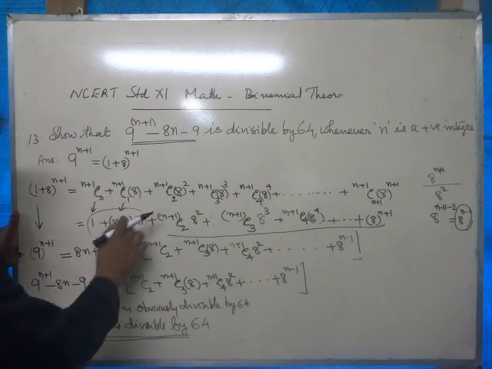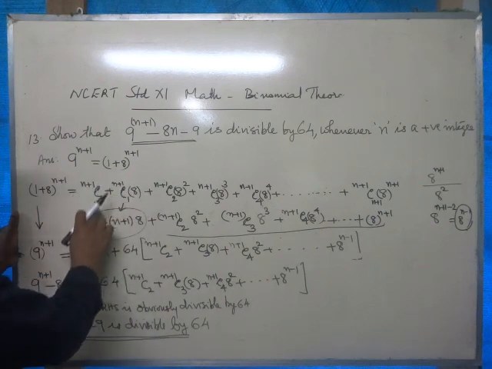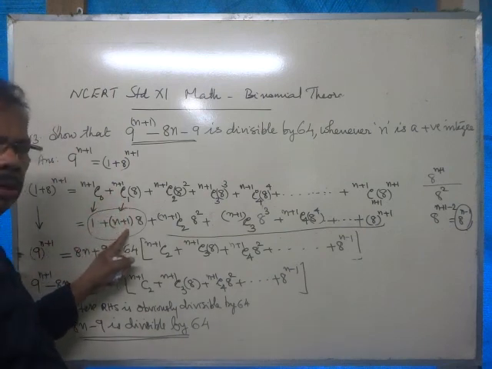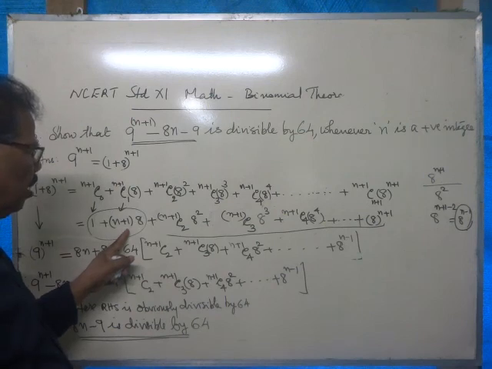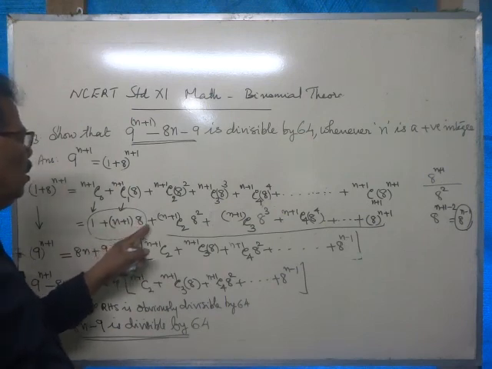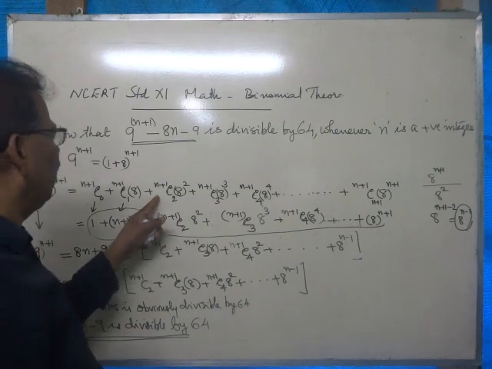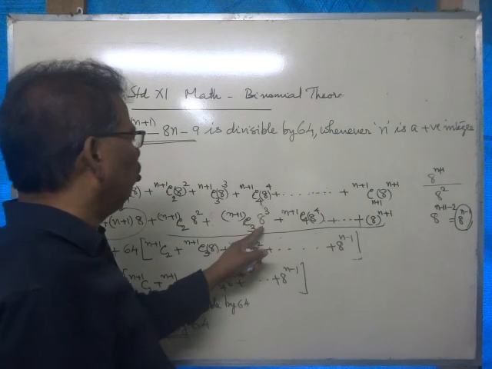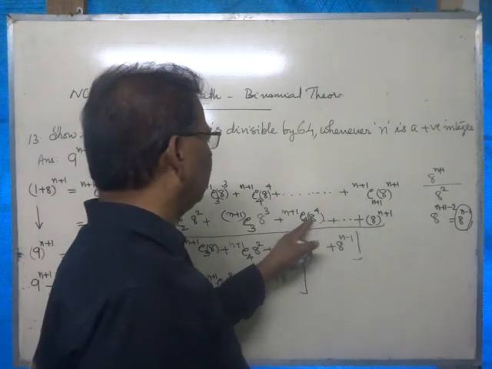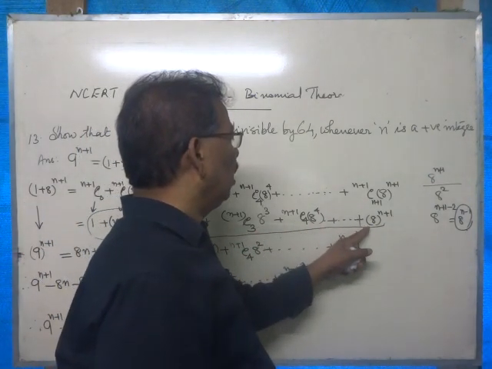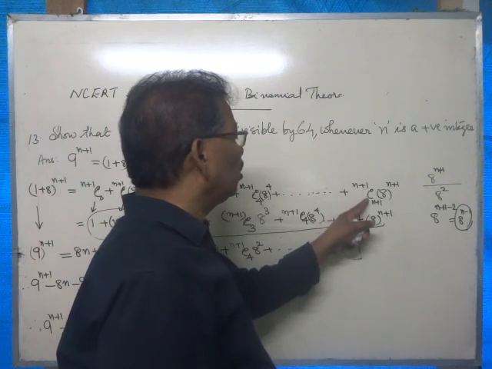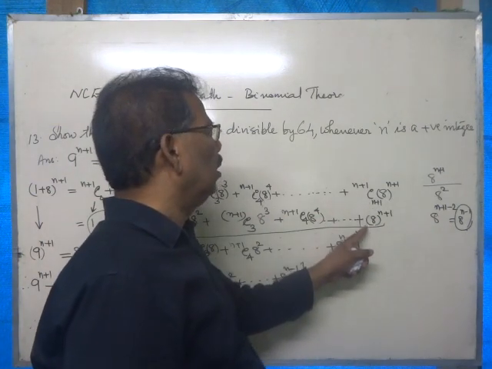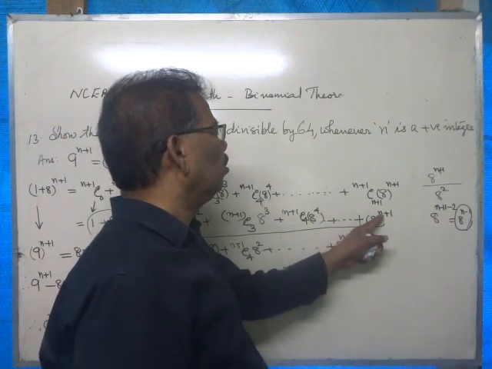So we write 1 plus (n plus 1) into 8 plus n plus 1 C2 into 8 square plus n plus 1 C3 into 8 cube plus n plus 1 C4 into 8 raised to 4 plus etc. plus 8 raised to n plus 1. This n plus 1 C n plus 1 is 1 itself, so 1 into 8 raised to n plus 1.